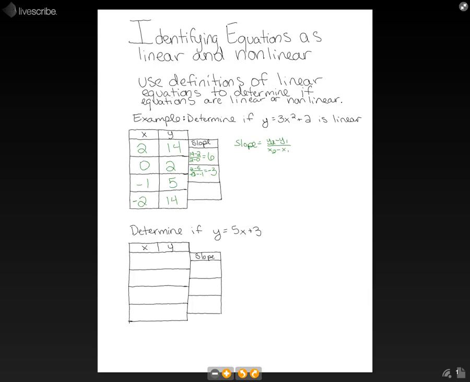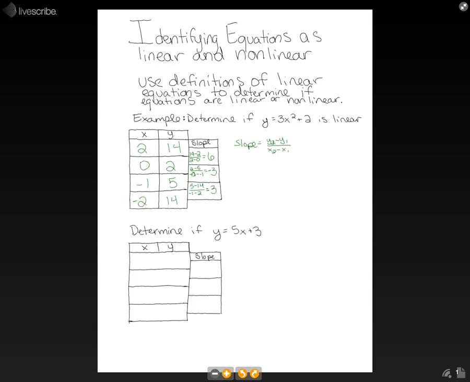And let's calculate our slope one last time between the points (-1, 5) and (-2, 14). And when we do that, we're going to get a -9 divided by a -3, and that just equals 3.